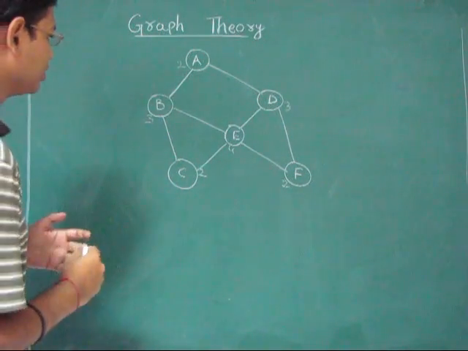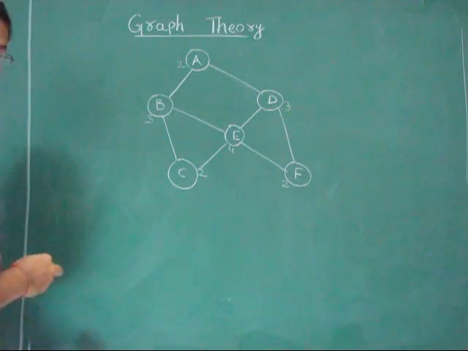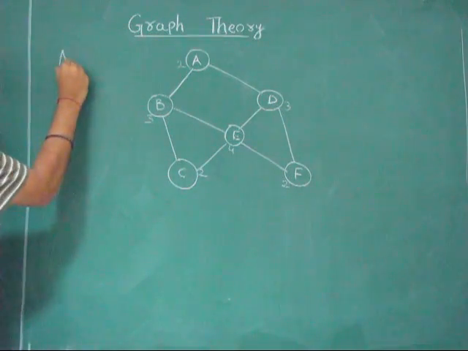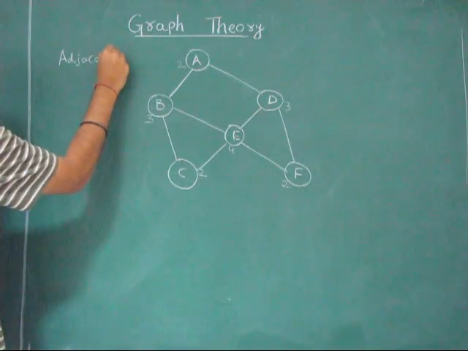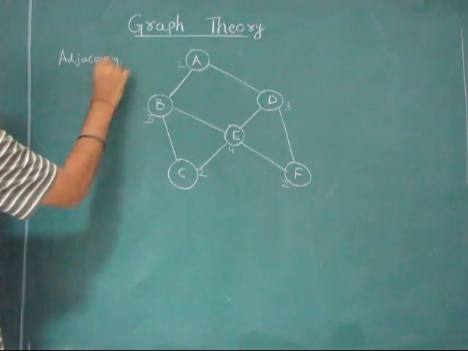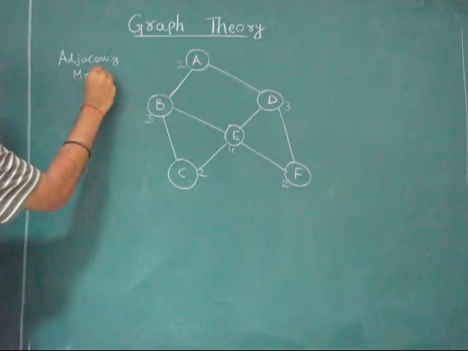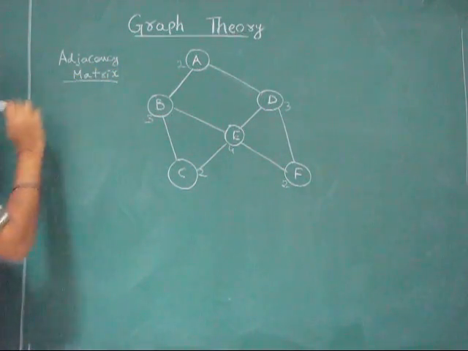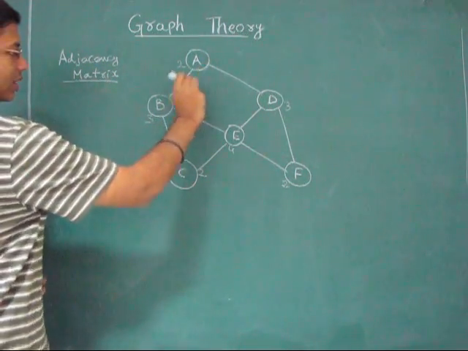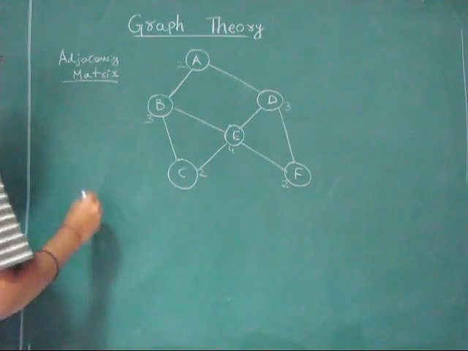There are many ways in which you can represent a graph. One way is to represent it using a matrix. We call that matrix the adjacency matrix. Here the term adjacent means these two vertices are adjacent to each other.